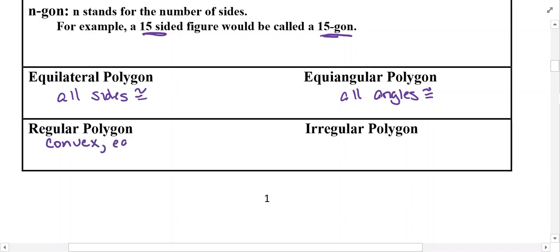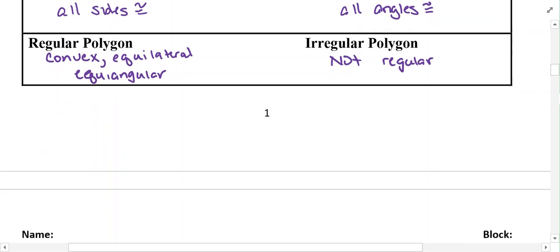It has to be equilateral. And it has to be equiangular. Irregular, we'll define it as not regular. So either it's concave or it doesn't have equal sides or equal angles.